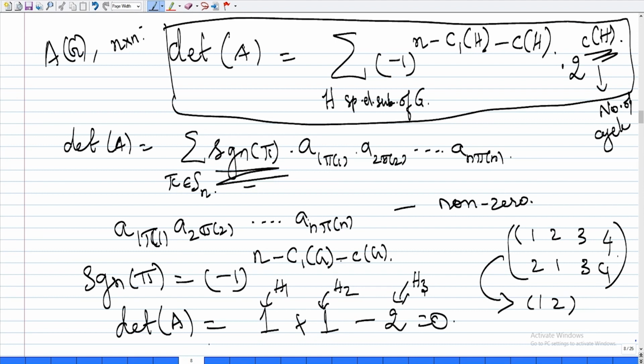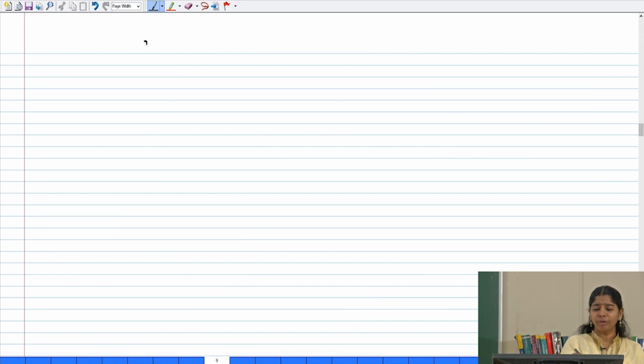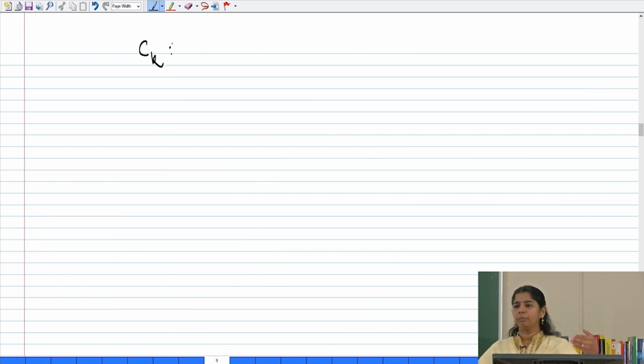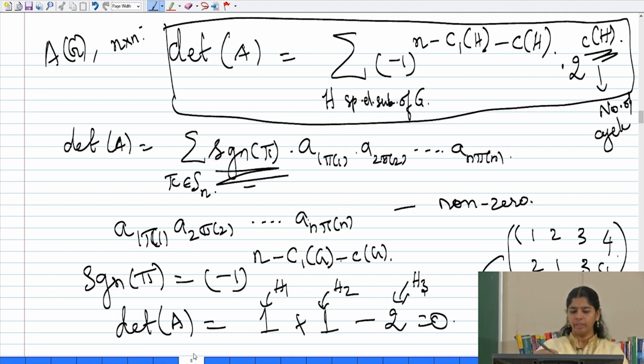So why did we do this? To further explore our characteristic polynomials. Now from this representation, what can we say about the coefficients? We have already given 2 ways of writing the determinant here: one using this minus 1 to the power of formula, and the other using the permutation formula.